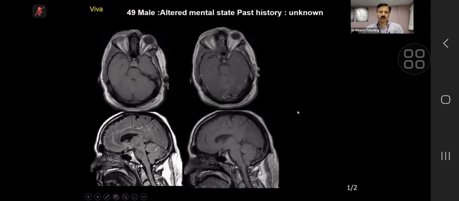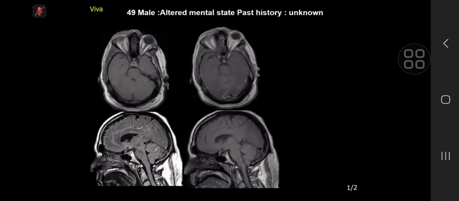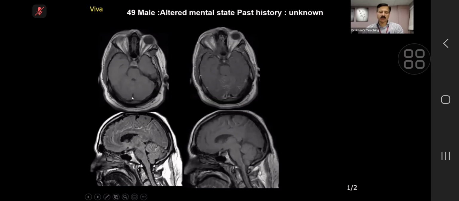But look at this case. On a T1 weighted sequence there is no enhancement, but on a post-contrast sequence, you can see this enhancement.